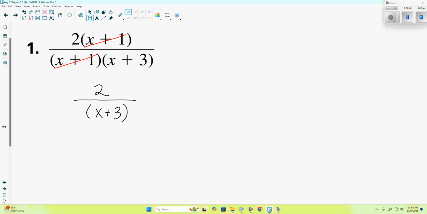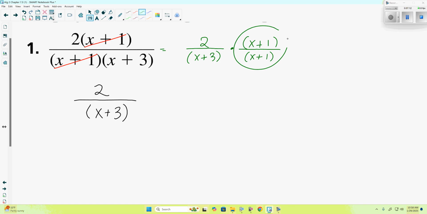Because really what is happening here is that we're splitting it up into a multiplication. We're splitting the top apart. We're leaving the 2 and moving the x plus 1 over. On bottom, we'll leave the x plus 3, move this over here. And this is purely with multiplication.